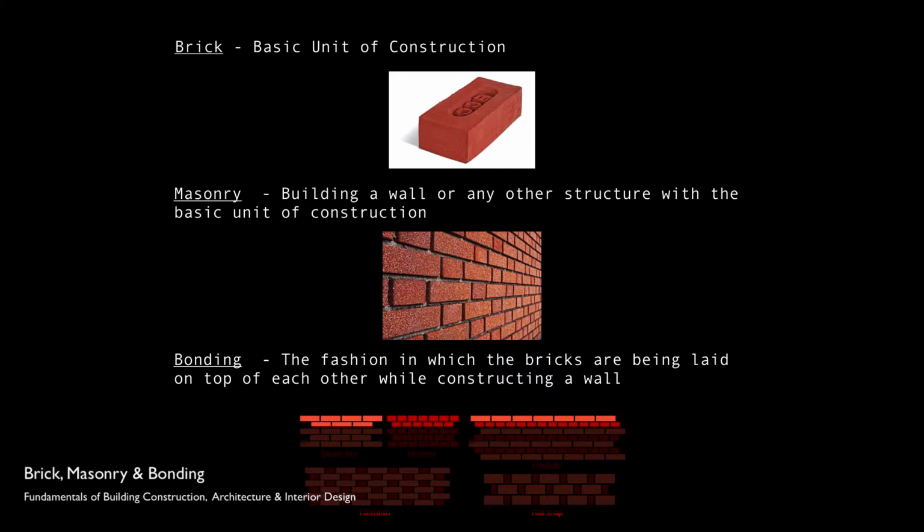If it is made up of brick, then it would be called brick masonry. So masonry is, you can say, nothing but brickwork. Brick masonry is brickwork. So if you look at a wall which is made up of, let's say, concrete blocks, you can say that this is concrete block masonry.